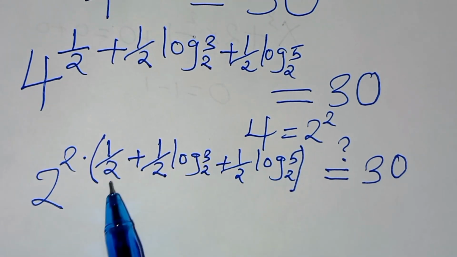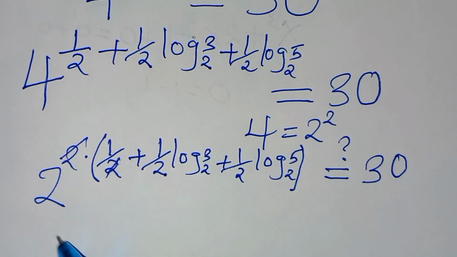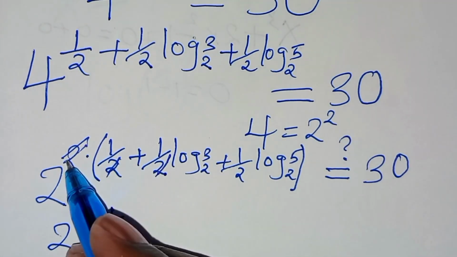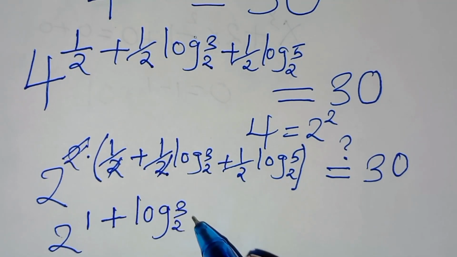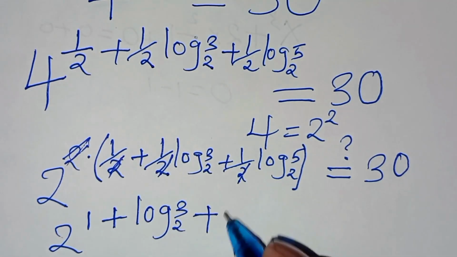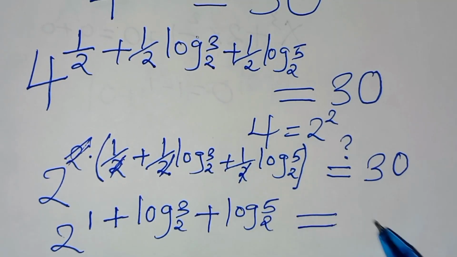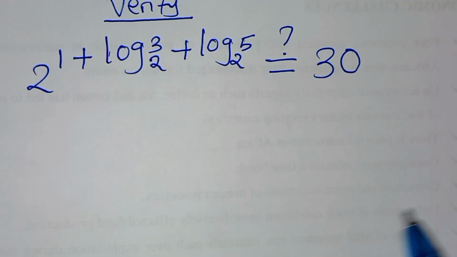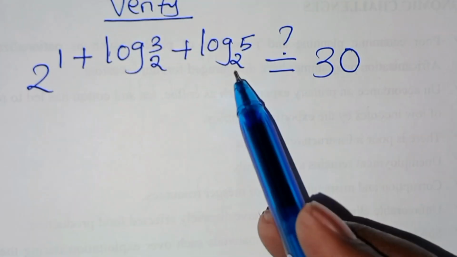Now let's simplify. This 2 and 2 simplify, so we'll have 2 to power 1 plus, this 2 and 2 also simplify, so plus log 3 to base 2, then again this 2 and 2 simplify, so plus log 5 to base 2. This should give us a value of 30. So let's check if this is true. Here we have 2 to power 1 plus log 3 to base 2 plus log 5 to base 2.